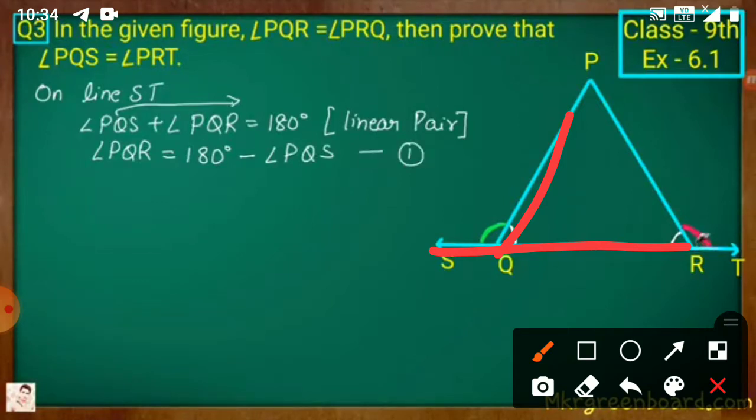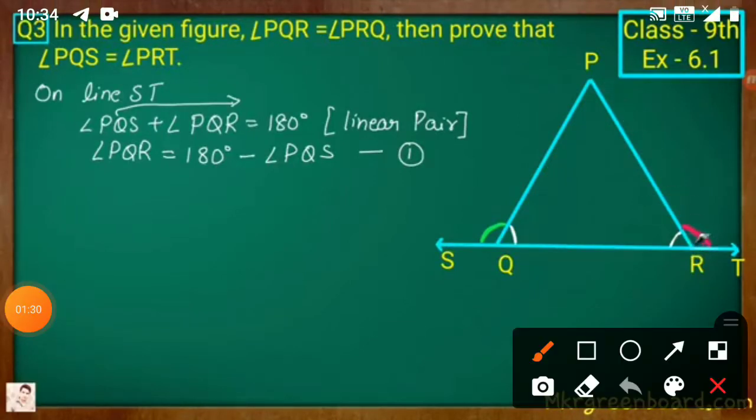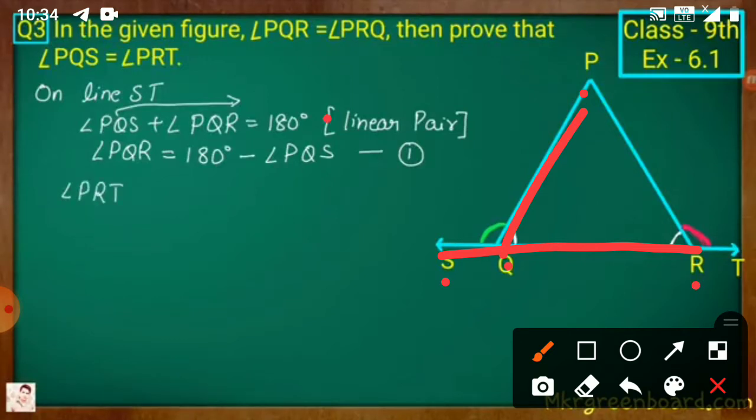This is equation 1. Did you understand what I wrote here? See, this is a linear pair of angles, that's why PQS plus PQR equals 180 degrees. Now PQR I kept this side, the remaining term that side I am sending, that is PQS, equation 1.